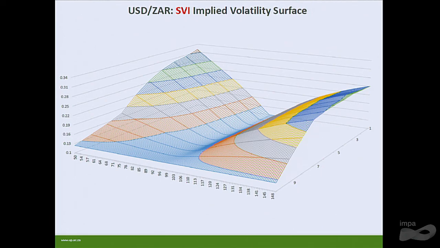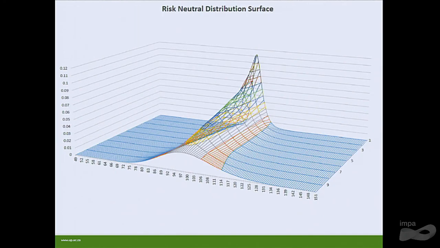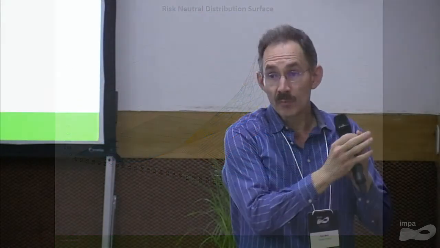So we use the stochastic volatility inspired model to give us the vol surface, and from that we construct then the risk neutral distribution. So this piece is simple. Now remember, this is an ill-posed problem. If you make any mistakes here, it's going to be amplified taking into your problem further.